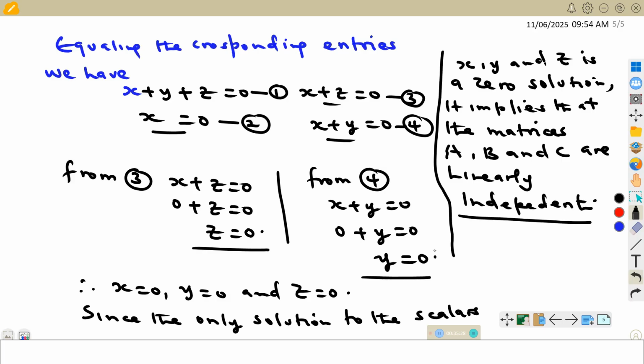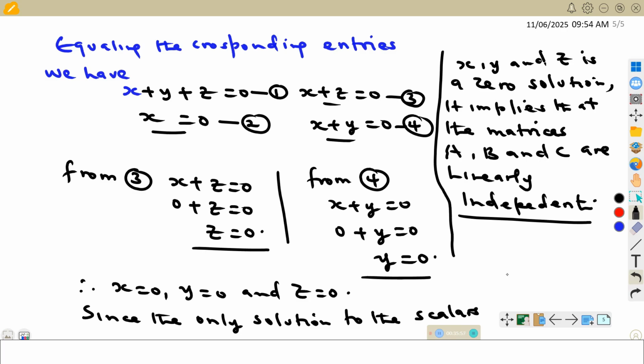So if you find that the only solution to your scalars is a zero solution, then it means the vectors or the matrices that you will be considering will be linearly independent. But if you find that the zero solution is not the only solution, there are also other solutions, then you will conclude that they are linearly dependent.